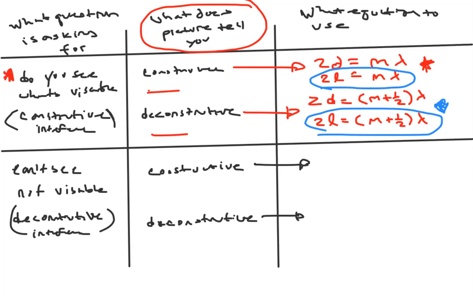And then, if it's constructive, this is where it gets a little tricky. So let's say the question says, okay, what wavelengths aren't visible? But then you do your picture and you see there's constructive interference. Well, you actually are going to use the deconstructive equation for that. Okay. And I know it's confusing, but that's why we made this chart.